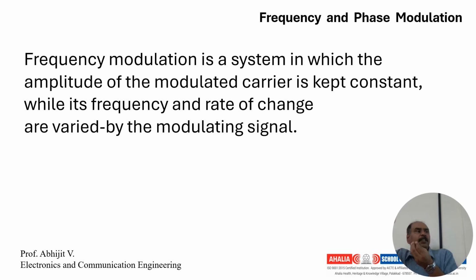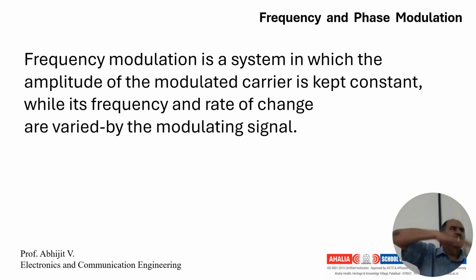The amplitude of the signal you are varying according to the message signal. You are demodulating it and getting the original signal which was transmitted. That is very simple and that was the thing that was first developed and the easiest method of modulating a signal.